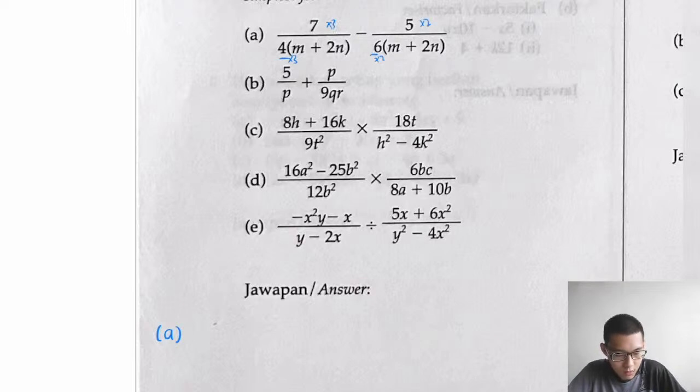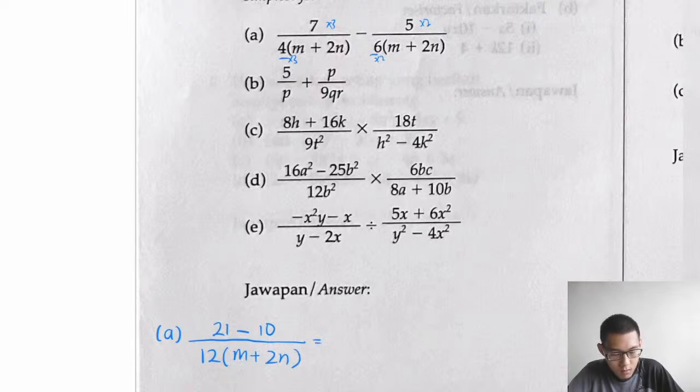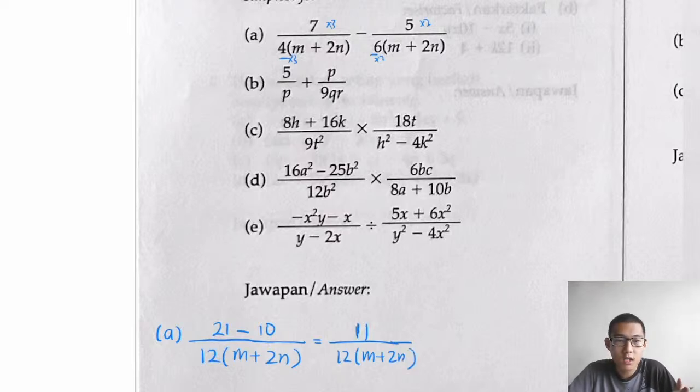So we have 21 minus 10 over 12 times (m plus 2n). So now we have how much? 21 minus 10, 11. I think this one becomes the smallest number only. So the answer should be this, and we stop here. Enough, no need to write down the answer.